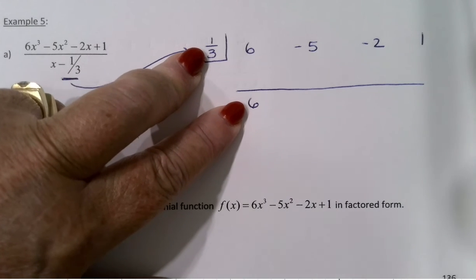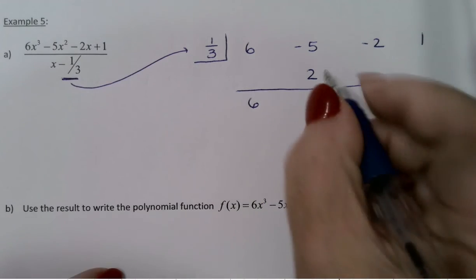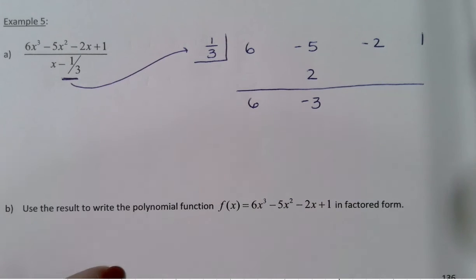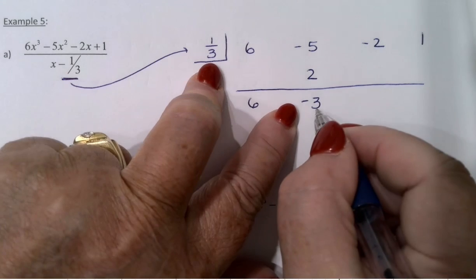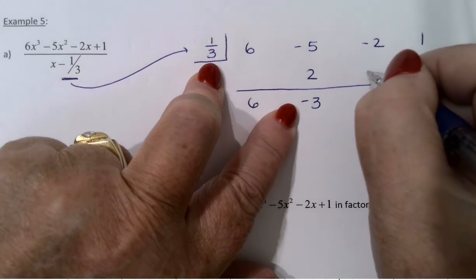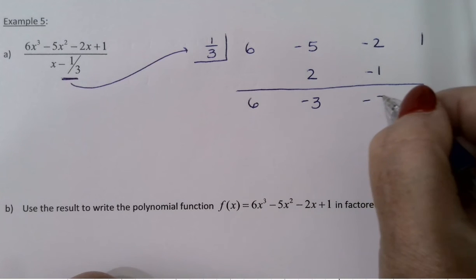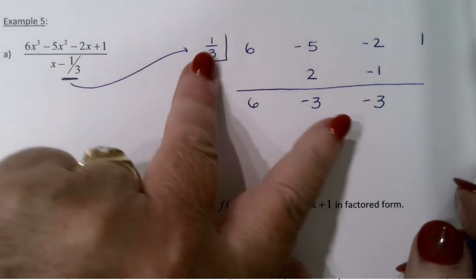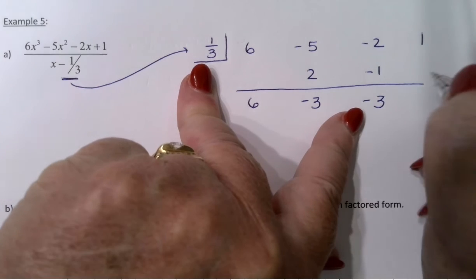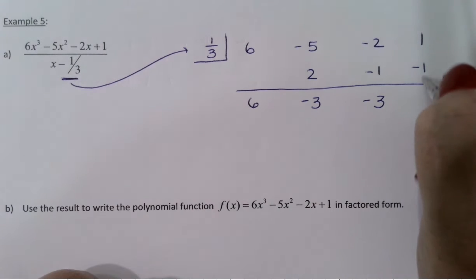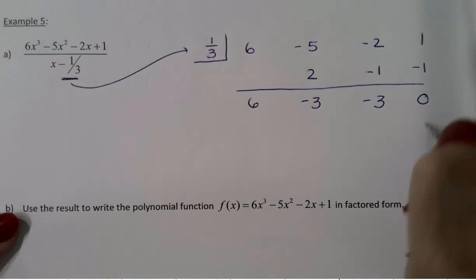Multiply, 6 times 1/3 is 2, and add, -3. Multiply, -3 times 1/3 is -1, and add, -3. Multiply again, -3 times 1/3, so -1 again, and add, giving us that remainder of 0 again.